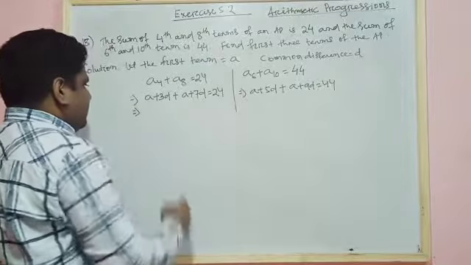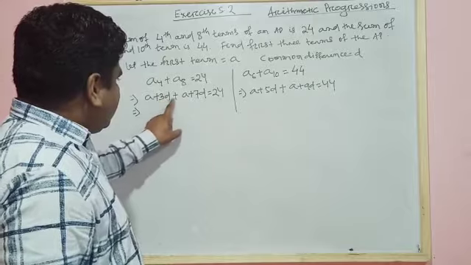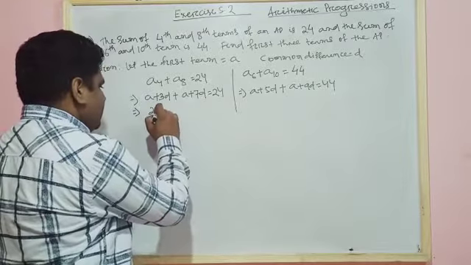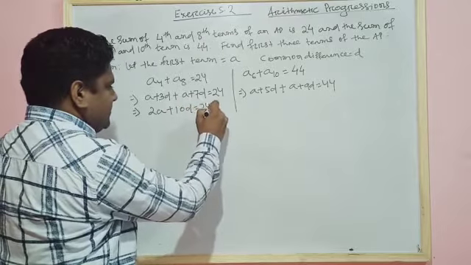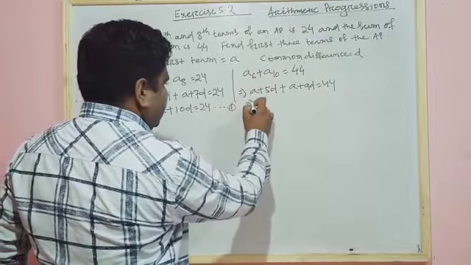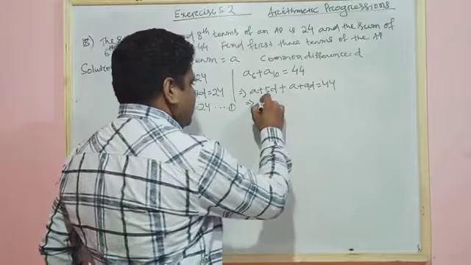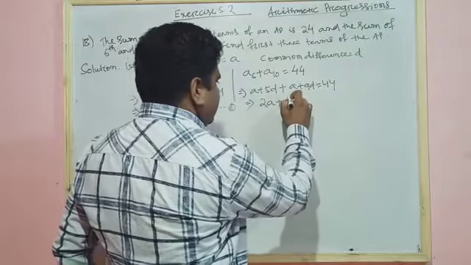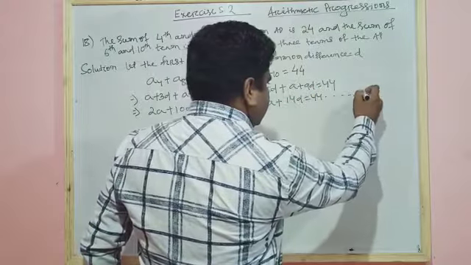So it will be a plus a is 2a, 3d plus 7d is 10d, 2a plus 10d equals 24. Let it be equation 1. And for this one, a plus a is 2a and 5d plus 9d is 14d equals 44. Let it be equation 2.